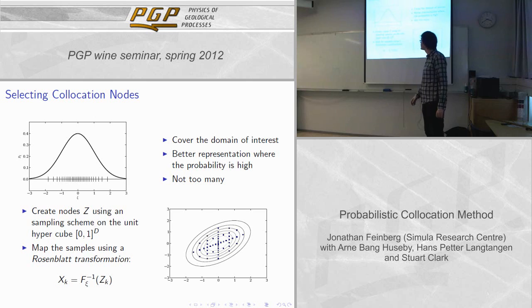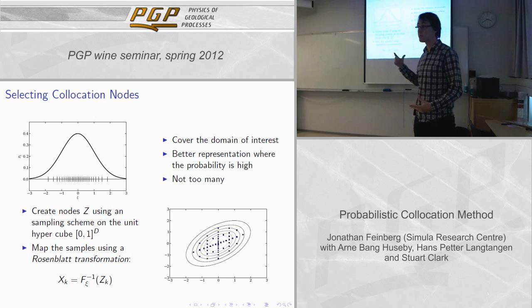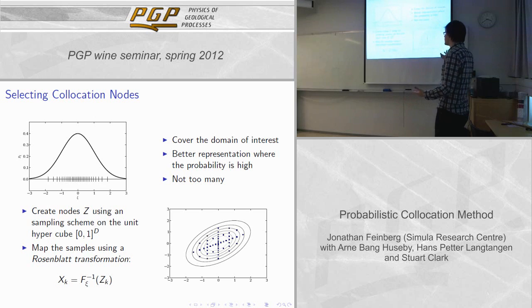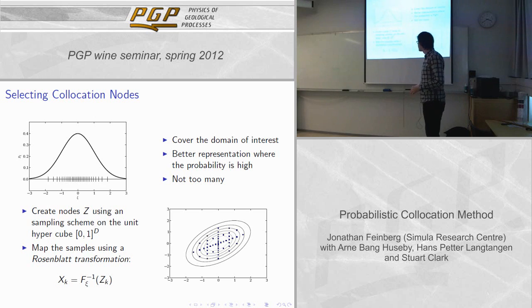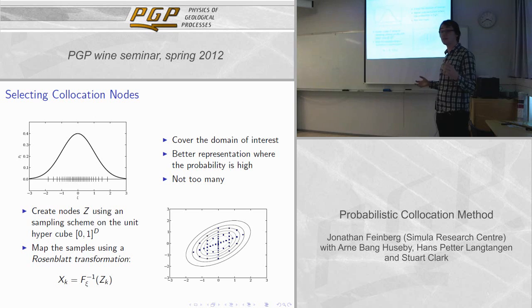Basically, what I do is that I create some samples on a unit hypercube. And basically, what method I use to spread my points over the unit hypercube can be, well, you can sample just the regular grid, but it makes more sense to use some kind of sparse grid.